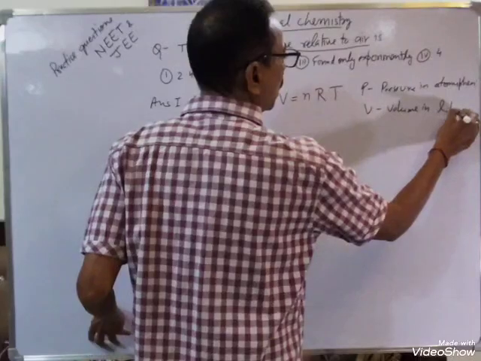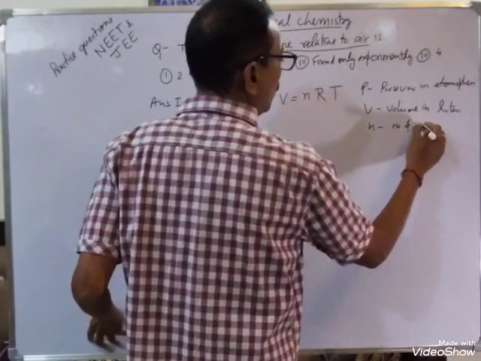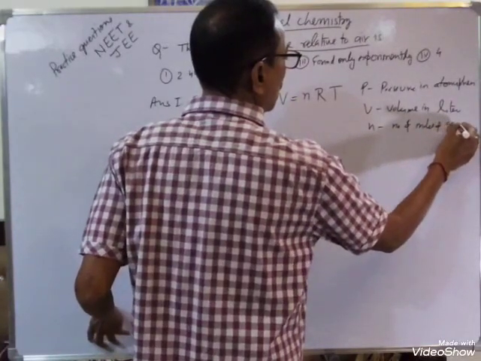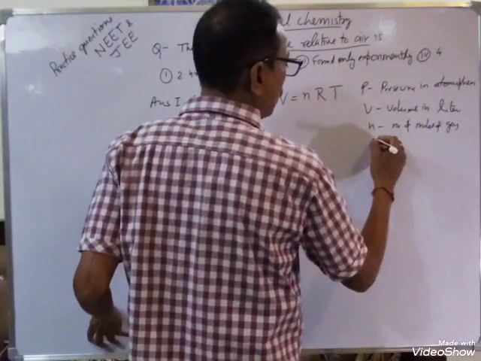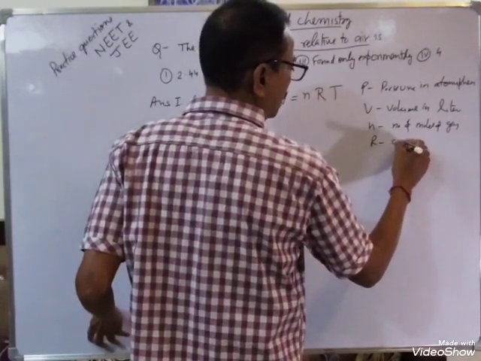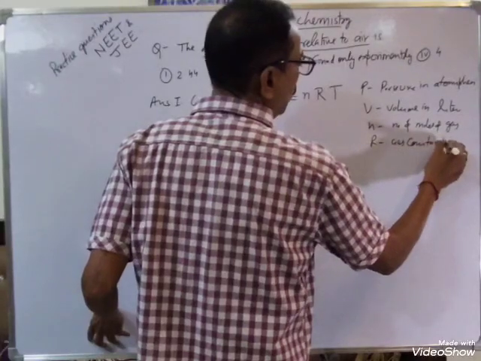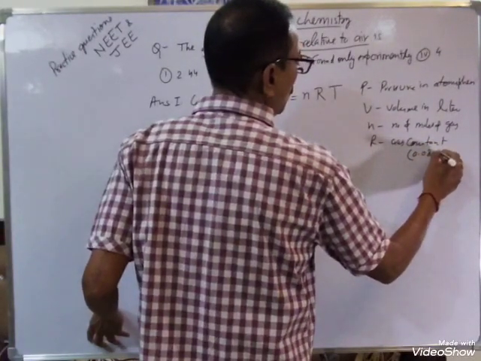N, number of moles of gas. Number of moles, that means gram moles. R, gas constant, and its value is fixed, 0.0821.